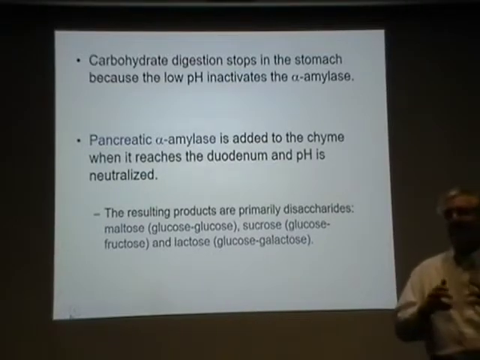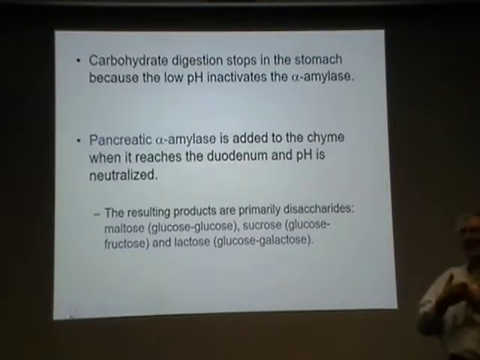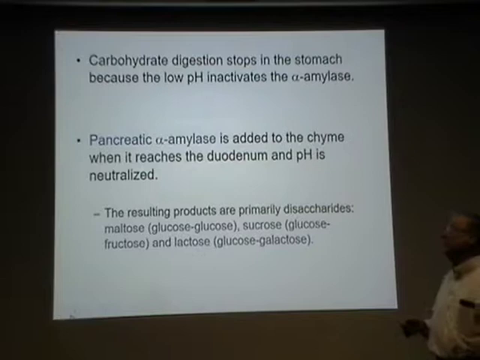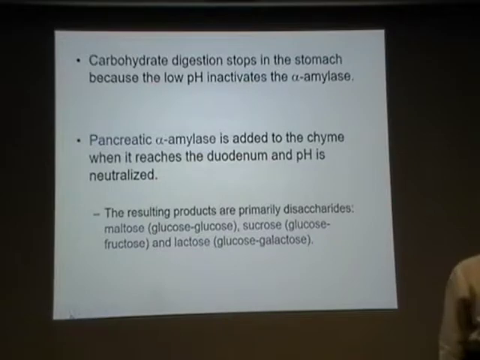We saw that with the secretions. It's not a zymogen, it's active as it's being secreted, and it's active in a neutral pH. The stimulus for pancreatic amylase secretion is cholecystokinin.